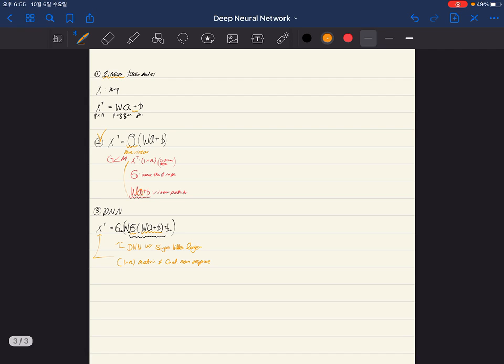So in conclusion, deep neural network is nothing but one of the regression modeling techniques used for representing the functional relationship between the conditional mean and the covariates. So of course, if the response variable has an obvious linear relationship with covariates, then we don't need to use these complicated structures.